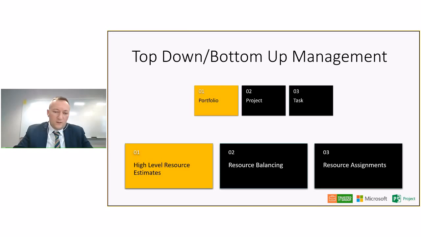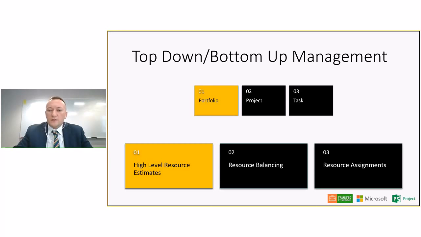So level 1, high level resource estimates. Then the second step, we're going to go through the resource balancing. At the high level, we say how many people we need at what capacity, at which project. The second step, we'd like to balance these resources across multiple projects within our resource pool, right?